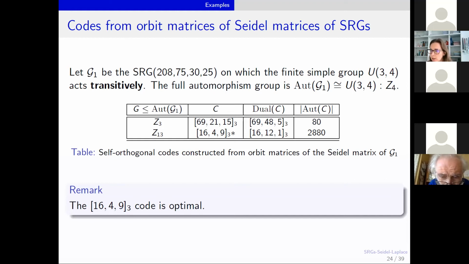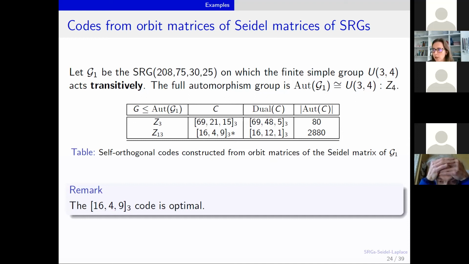Okay, so moreover, we went on to some other strongly regular graphs. And here we obtained self-orthogonal codes from orbit matrices of Seidel matrices of strongly regular graphs with these parameters. We've taken a strongly regular graph with these parameters on which the finite simple group U3(4) acts transitively. You will see in these examples, I will always emphasize it acts transitively because I want to show you which kind of strongly regular graph we've taken.